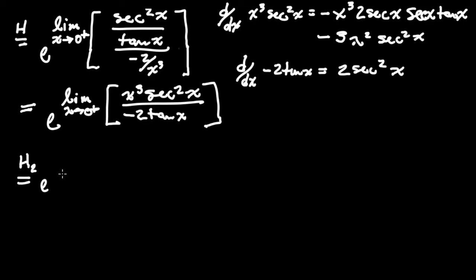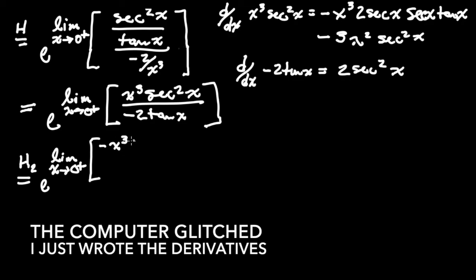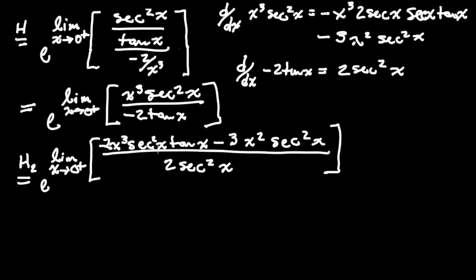So we then have e, this is going to be super big, as x approaches 0 from the right. For your limit going to the right, you'll actually end up getting e to the power of 0 over 2, which is actually just e to the 0, which is actually just equal to 1. So your final answer is 1.